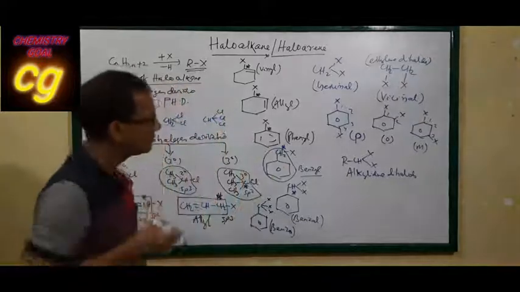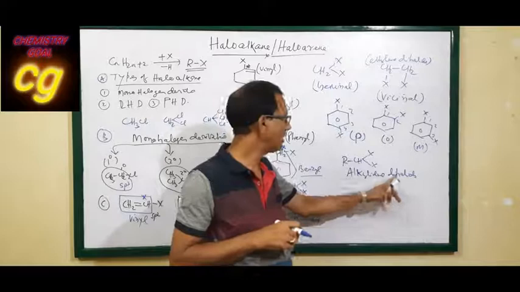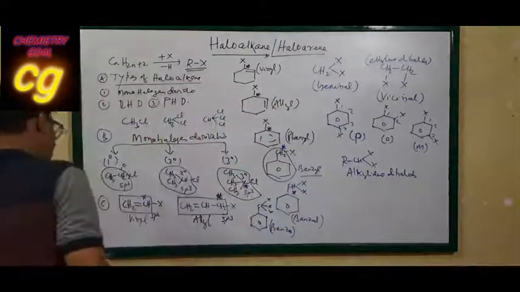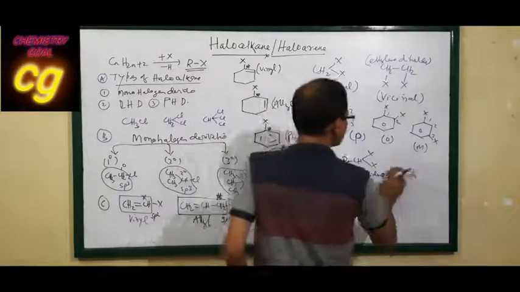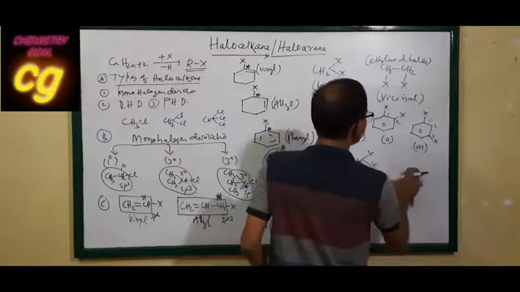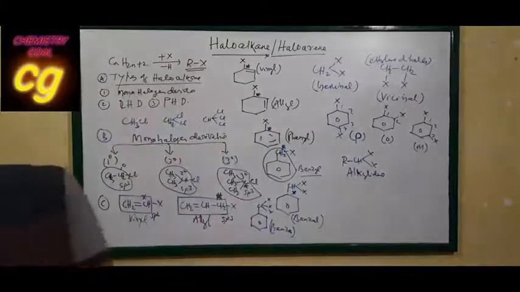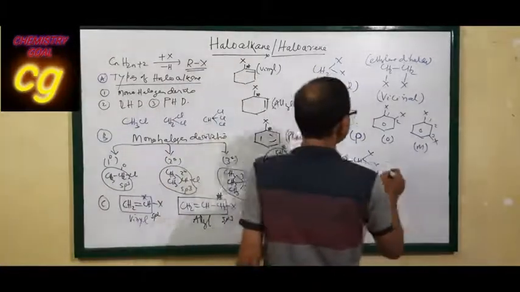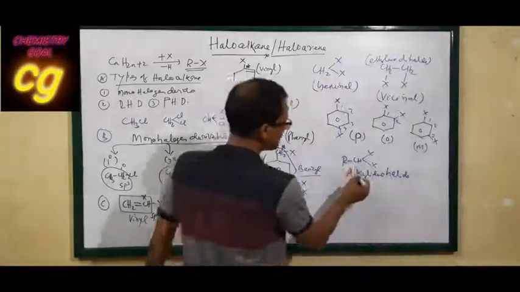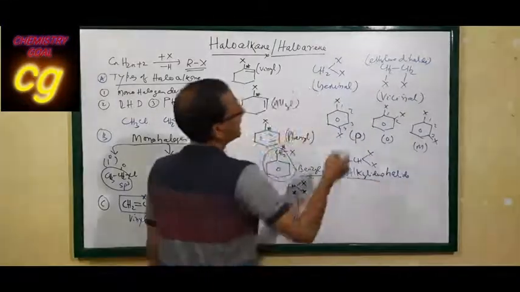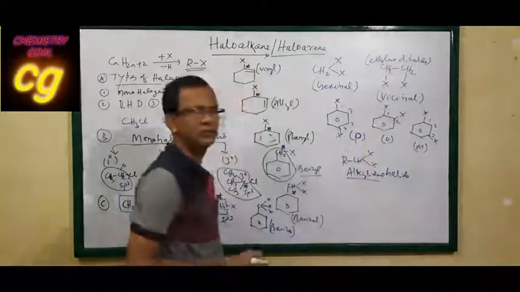The gem type is called alkylidene halides. This group is called the alkylidene group, and this one with 2 carbons is ethylene.